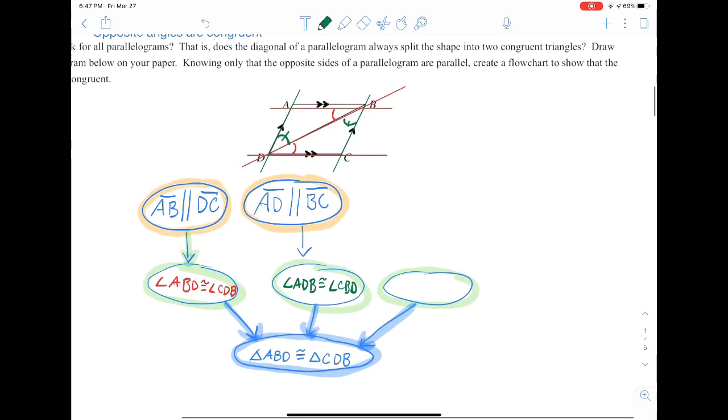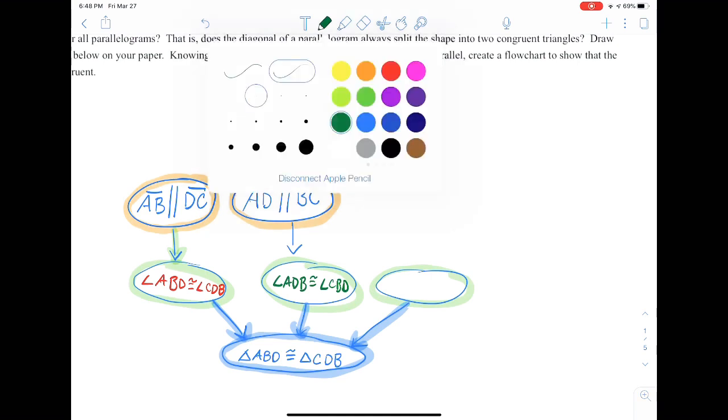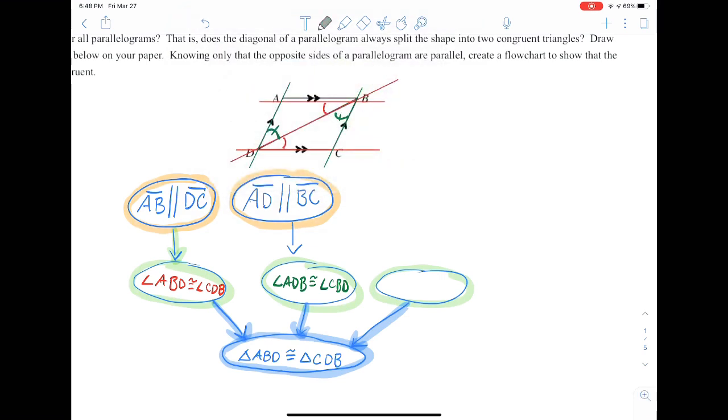Now for the last bubble, this one doesn't need any if. What is true in this shape above that would not require an if above it? Okay, hopefully you identified that this middle line segment is congruent to itself by the reflexive property.